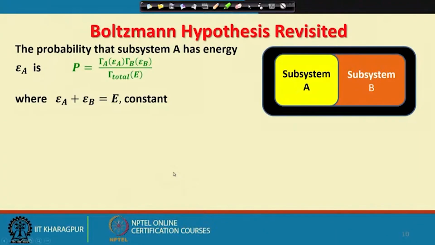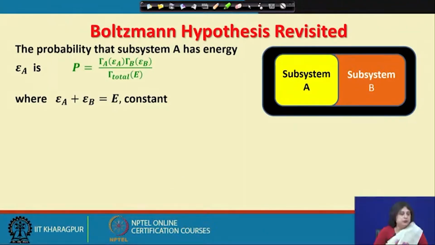Now, let us revisit the Boltzmann hypothesis once more and see if it matches with other concepts, such as the concept of heat flow from one region of the system to the other, and this is how we propose to do it.